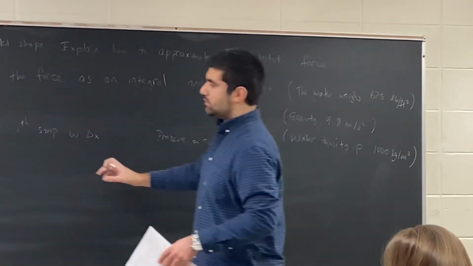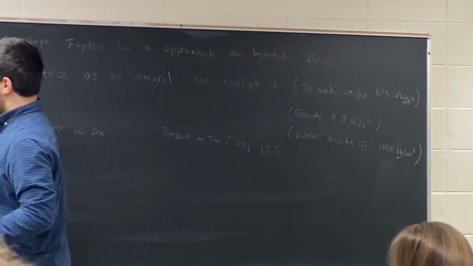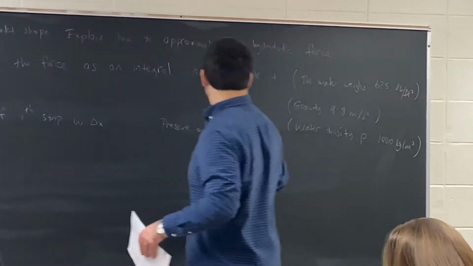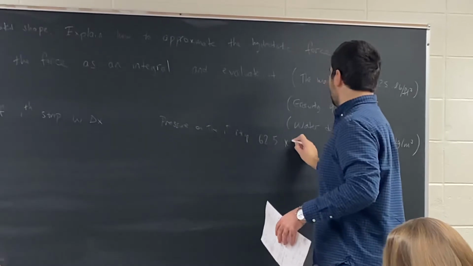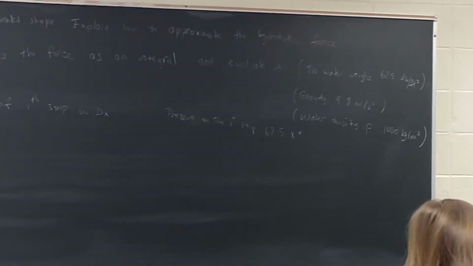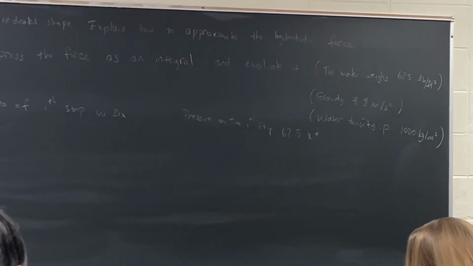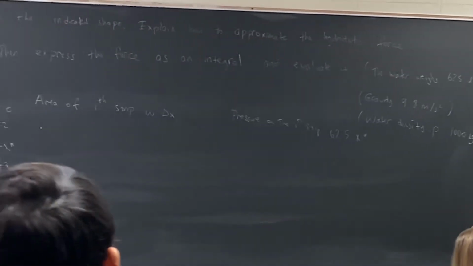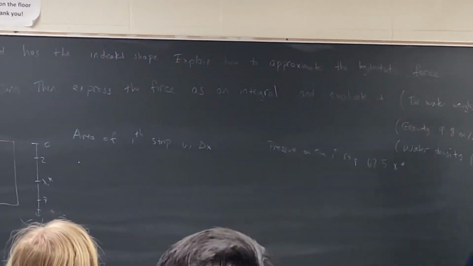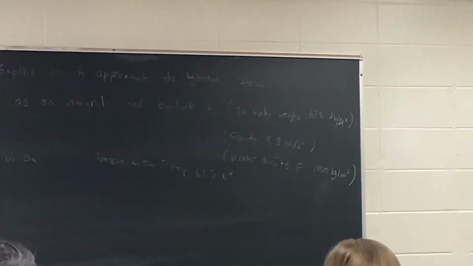What is the depth of this strip? This corresponds to xi star, right? So the depth is xi star. So we figured the area of the strip and the pressure on the strip. The problem is we have W, and W is not in terms of x. How can we express W in terms of x?